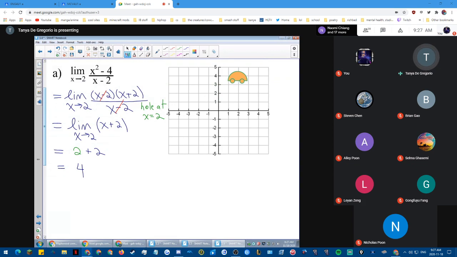So it has a y-intercept of 2, and it has a slope of 1. There's a hole there. That's what this function would look like, yes?